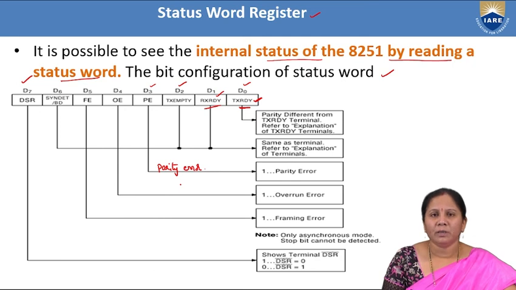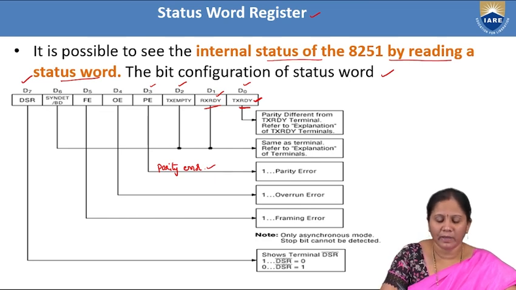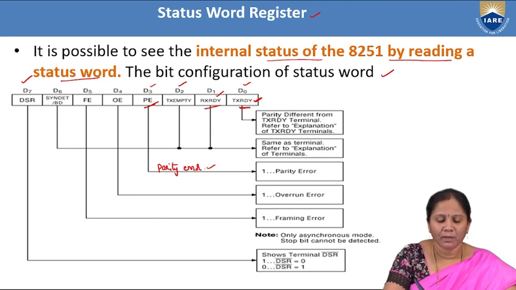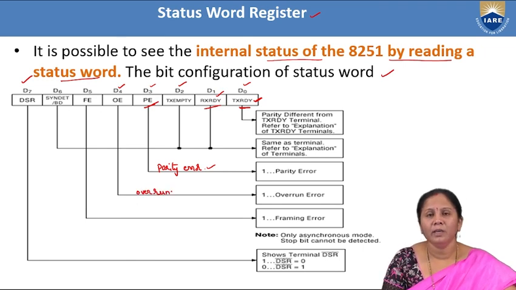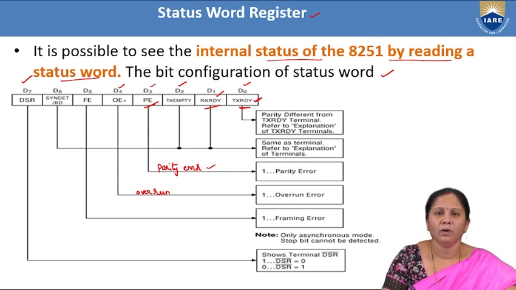If you are transmitting even parity at the transmitter side, and at the receiver side the received data has odd parity, then it is called a parity error. To detect such an error, this D3 bit is made 1. And the D4 bit is OE. OE represents overrun error.